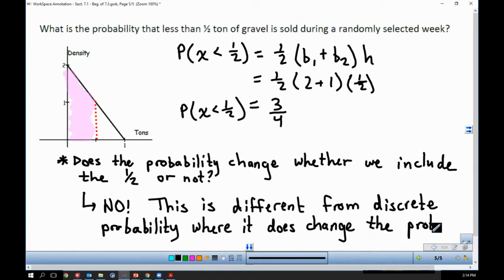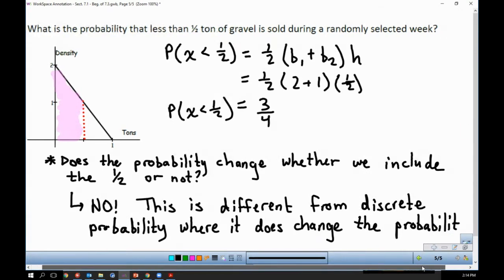So on continuous, inclusion or not does not change the overall probability.